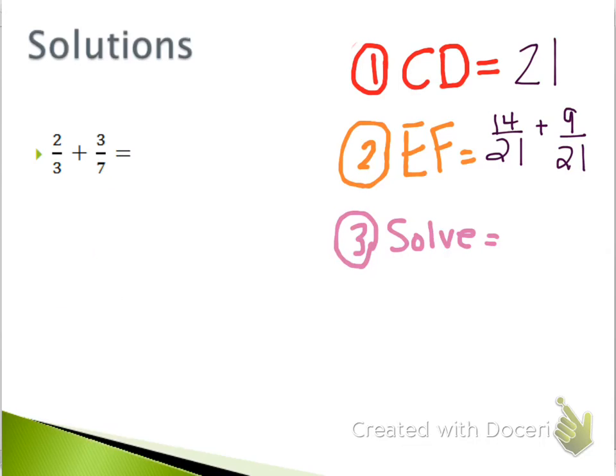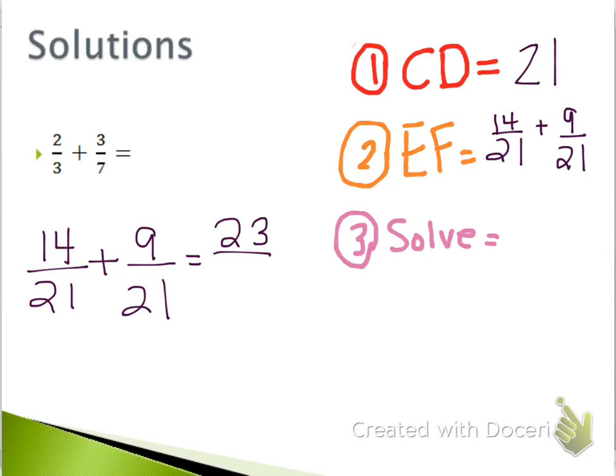All right, and so now that I have my two equivalent fractions, it's really easy for me to complete step 3, which is just solve. So I'm going to write down 14 over 21 and add it to 9 over 21. And I'm just going to add my two numerators here. And so I have 14 plus 9, and that's going to give me 23.